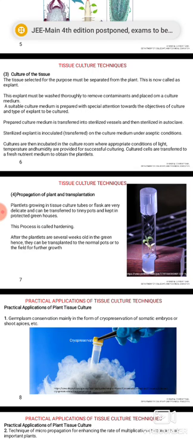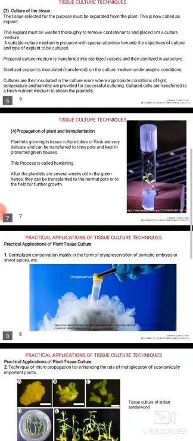Cultures are then incubated in the culture room where appropriate conditions of light, temperature, humidity are provided for successful culturing. Cultured cells are transferred to fresh nutrient medium to obtain plantlets.